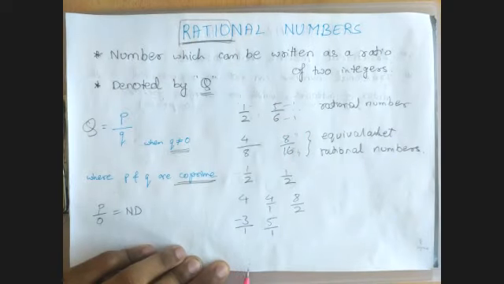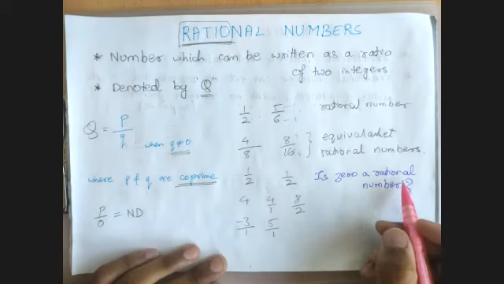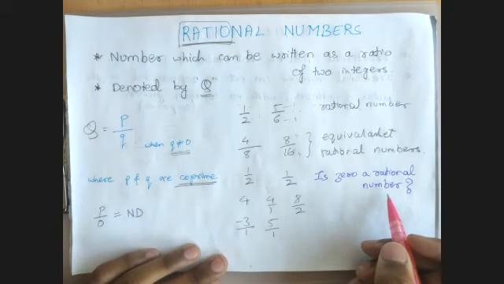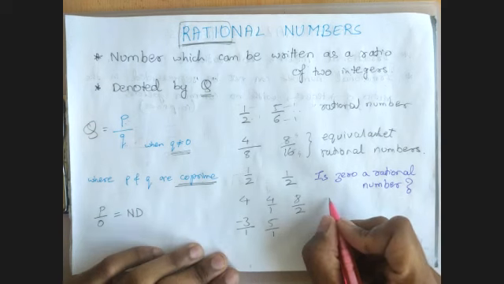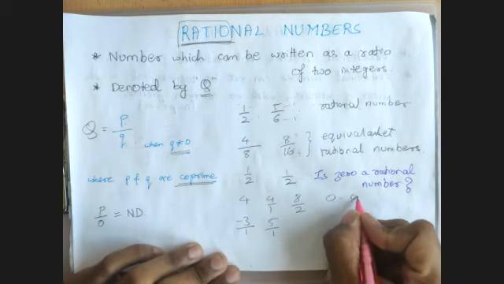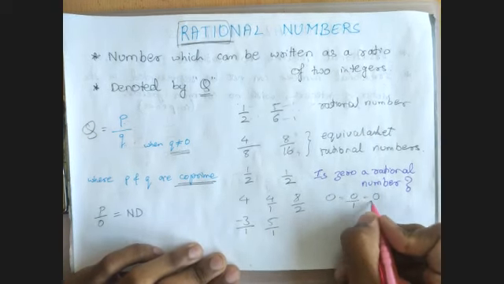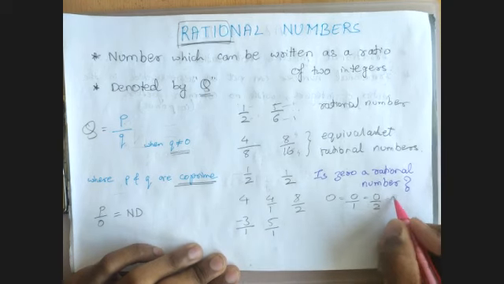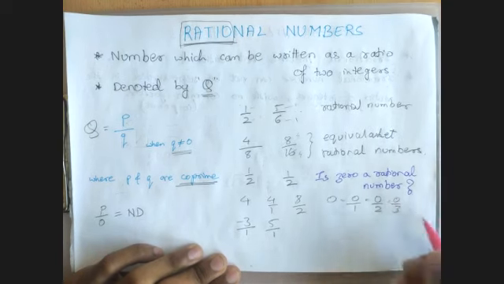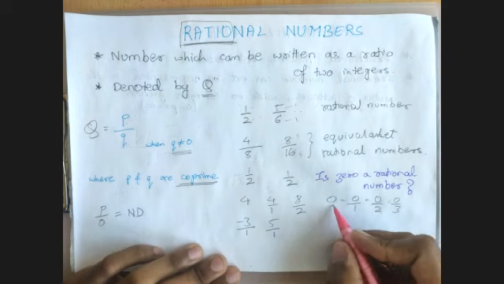Looking at this, we get another question. Is 0 a rational number? Yes. 0 can be written as 0 by 1 or 0 by 2 or 0 by 3 or by any integer. Everything is equal to 0.